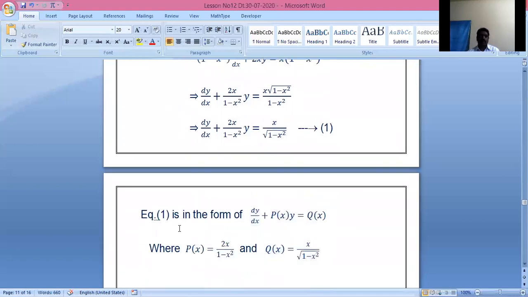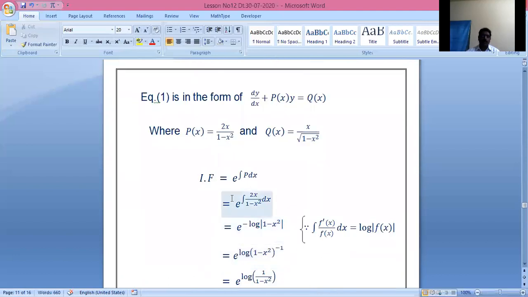Now equation 1 is in the form of dy by dx plus P of x into y is equal to Q of x, where P of x is equal to 2x by 1 minus x square and Q of x is equal to x by root of 1 minus x square.